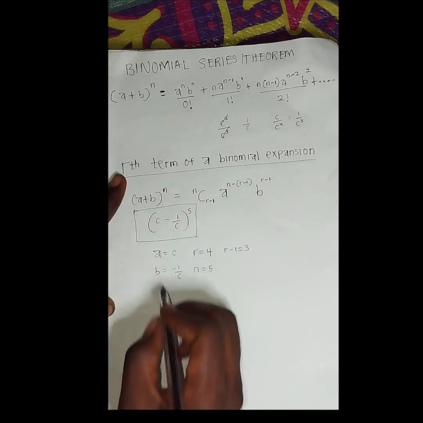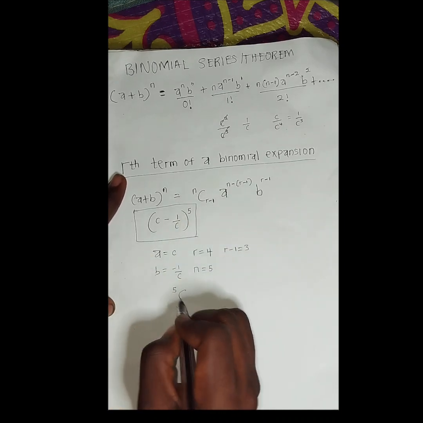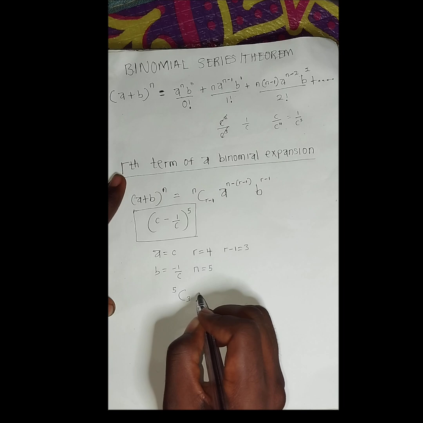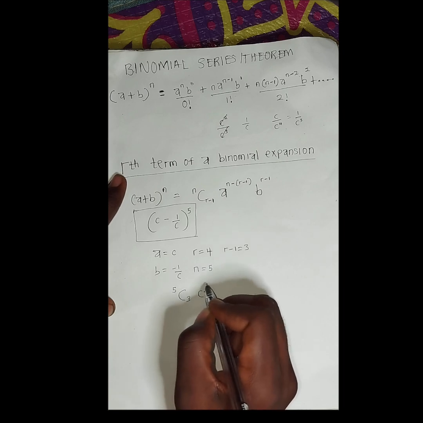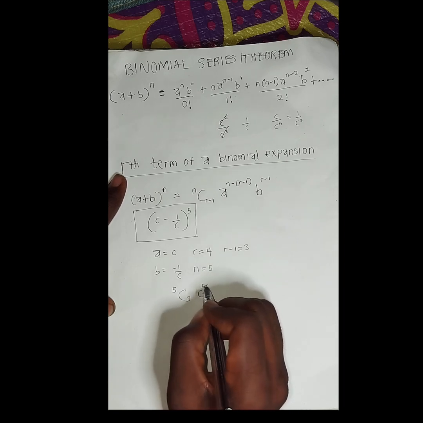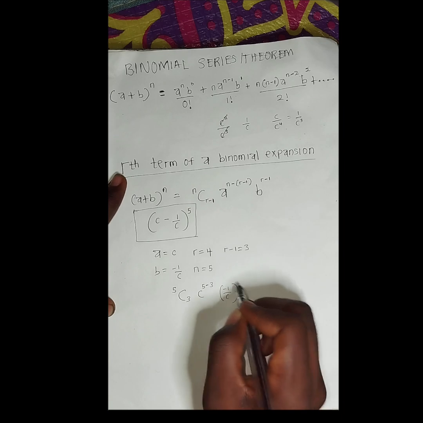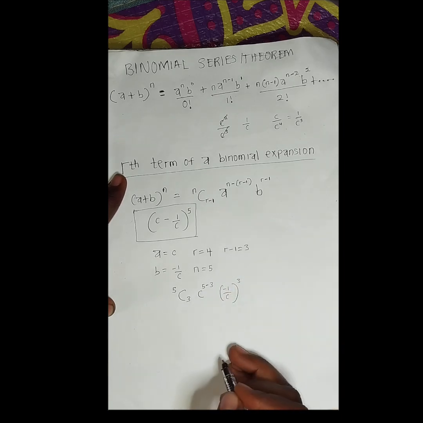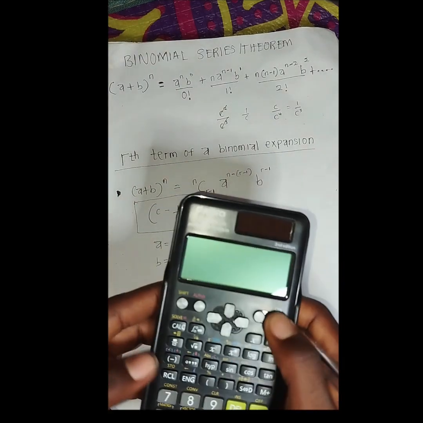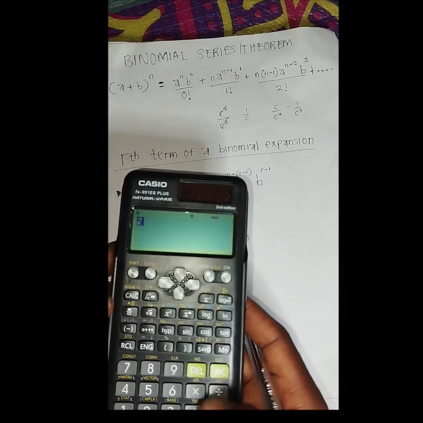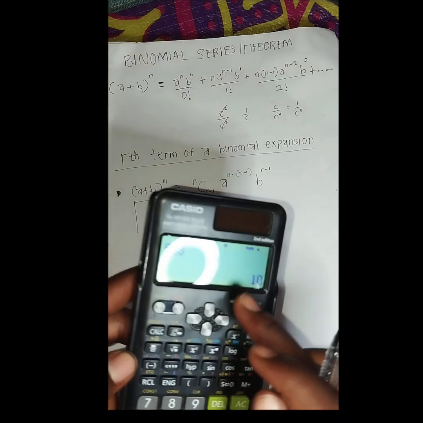So that's 5 combination 3, c raised to the power of 5 minus 3. What's my B? Minus 1 over c raised to the power of 3. 5 combination 3 gave me 10.